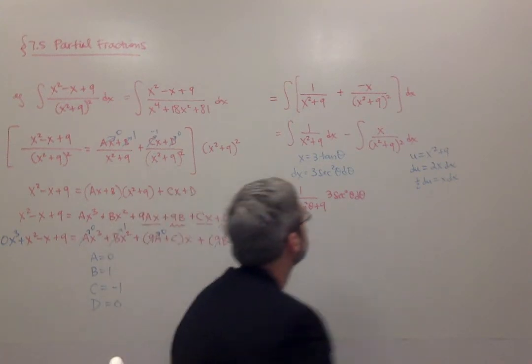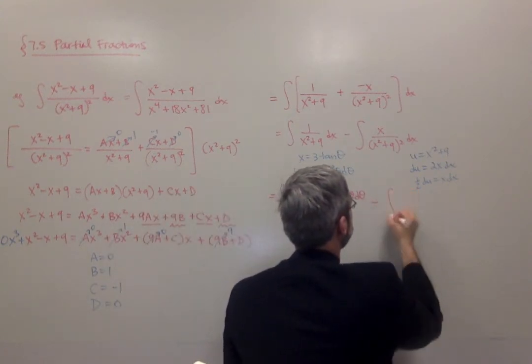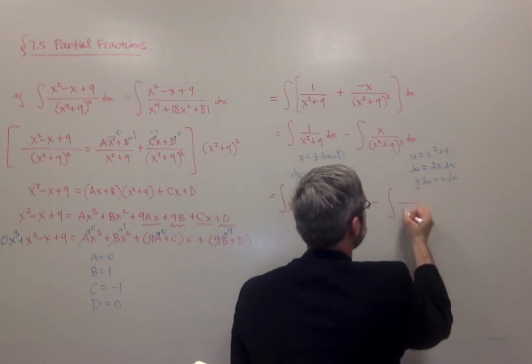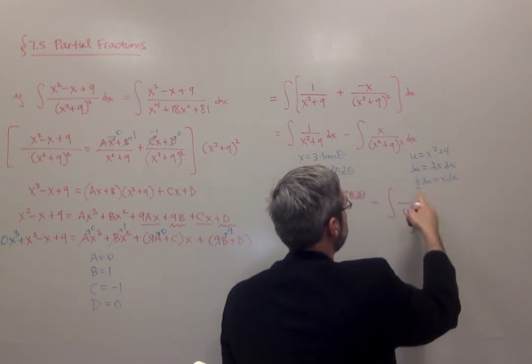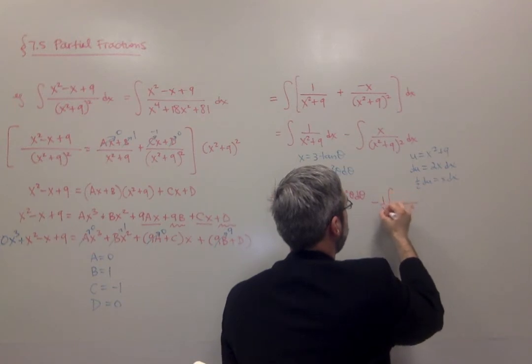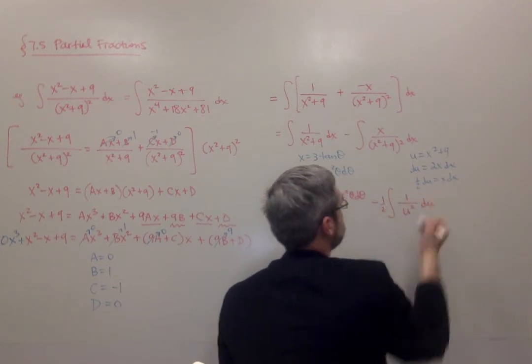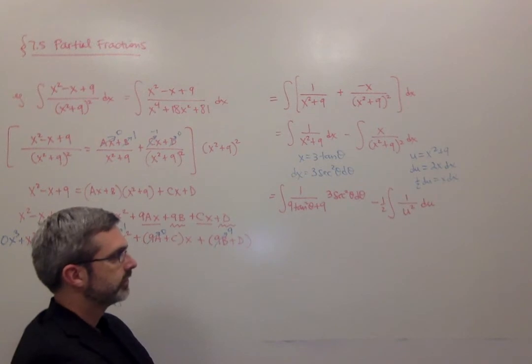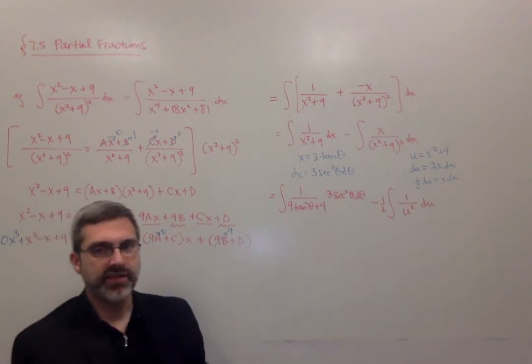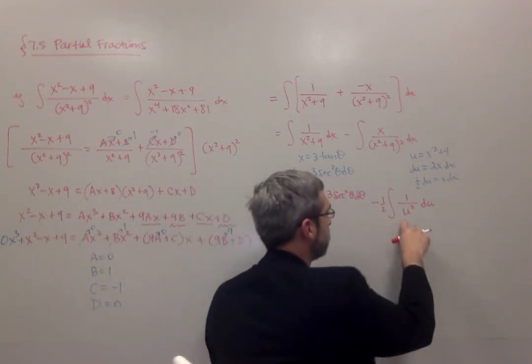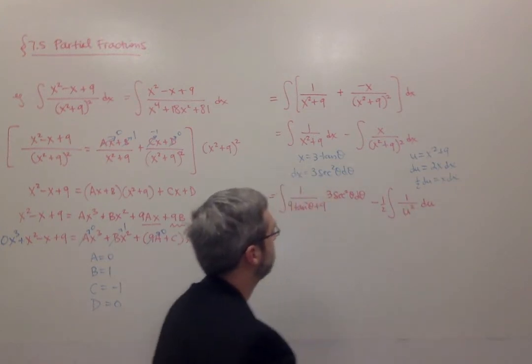Right? Minus, this integral becomes, the bottom is just u squared, and the top is 1/2 du. So that second one is definitely something that I can do. This is just u to the minus 2, and I'm going to be able to integrate that.